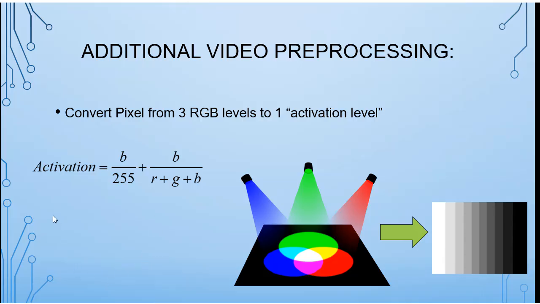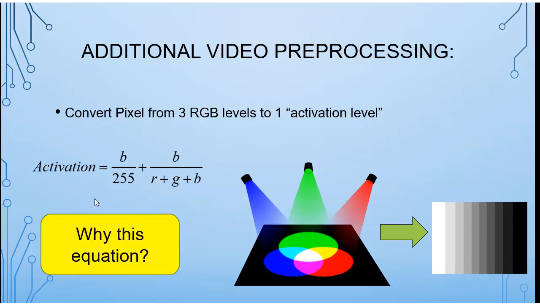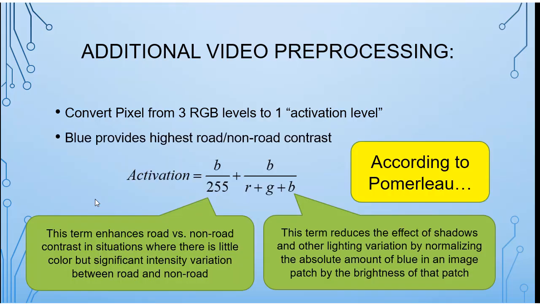I can't really give you a good reason for this activation. Dean Pomerleau, who invented this system, had some arguments for why these terms were useful. But I think, again, this is a case of, well, it worked, so we're going to use it.